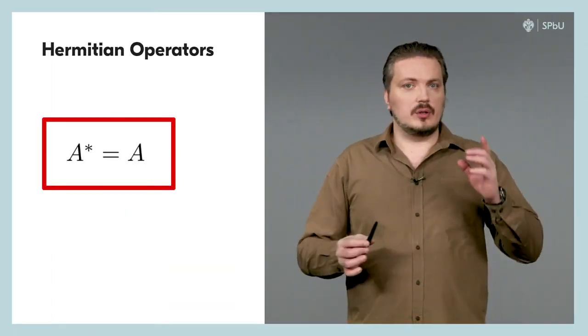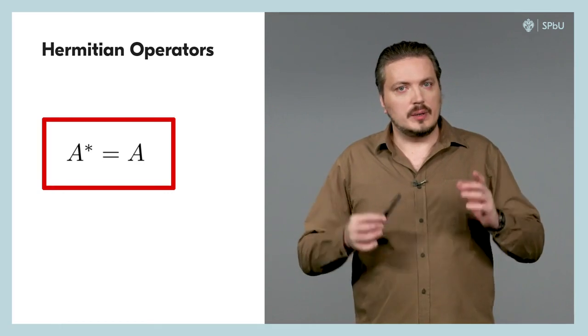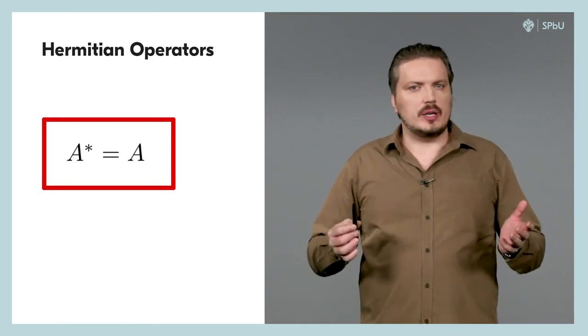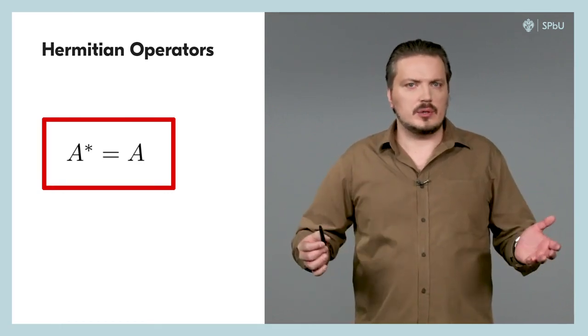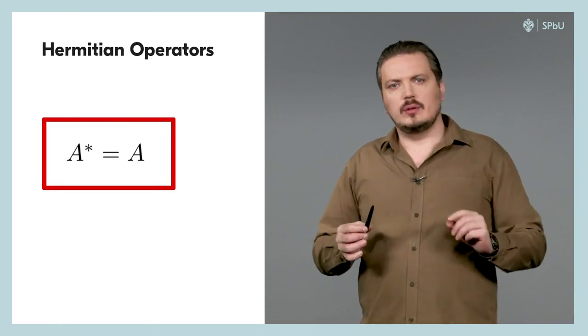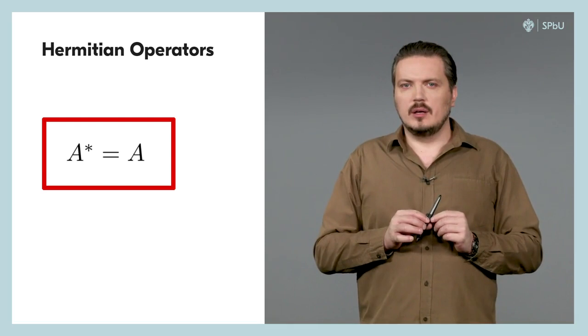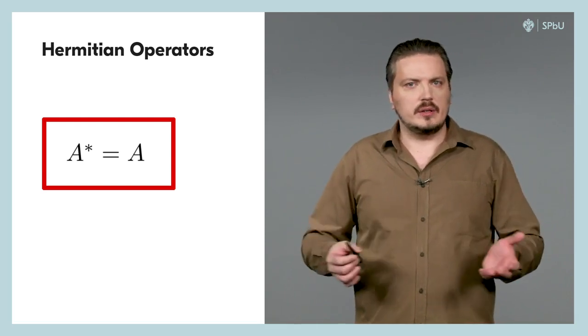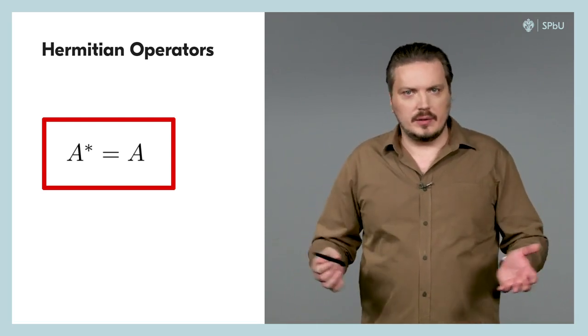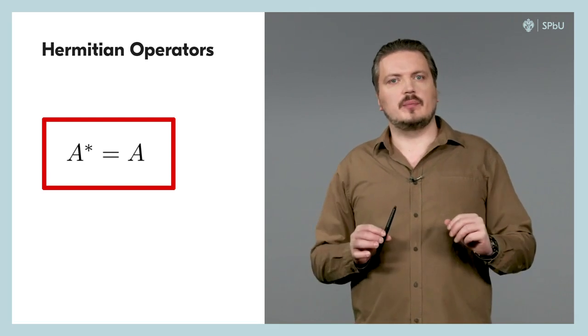Now, when you know all that, you may notice that some operators, as well as some numbers, are neutral with respect to this Hermitian conjugation. The numbers are neutral to it if they are real, with zero imaginary part.